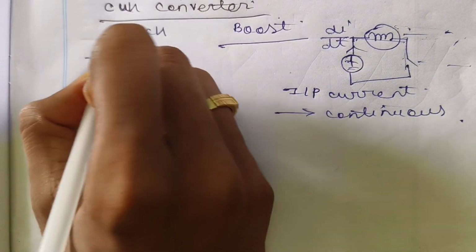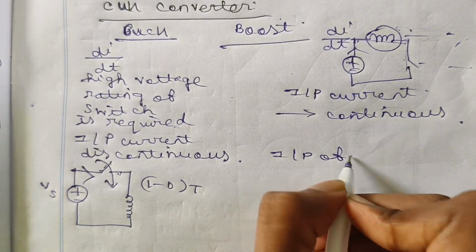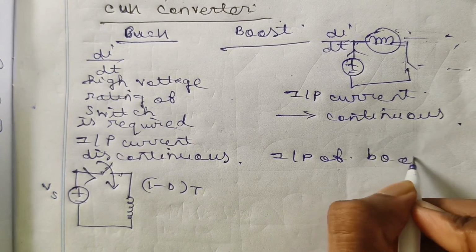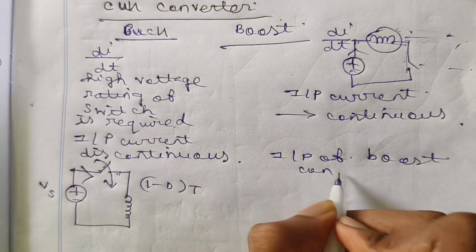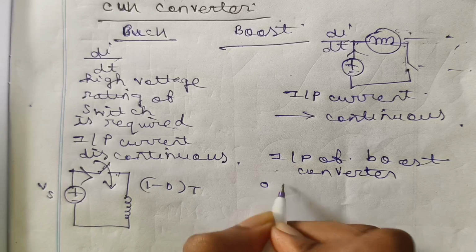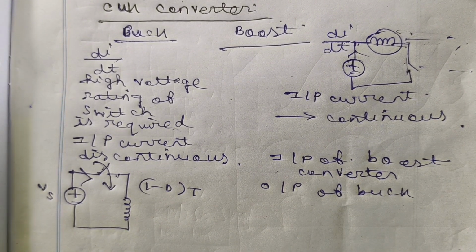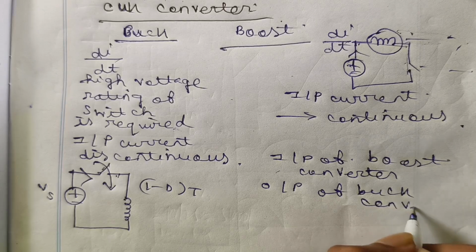Now we will use the input of the boost converter, because that is the merit of the boost converter, and the output of the buck converter, because that was the merit of the buck converter.